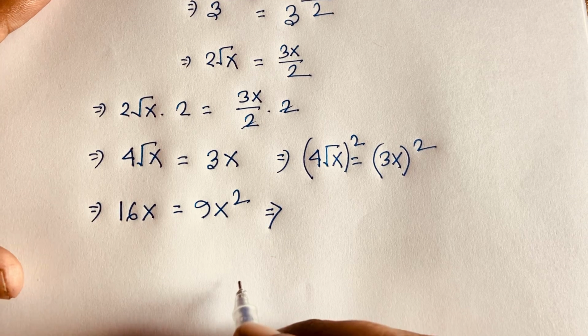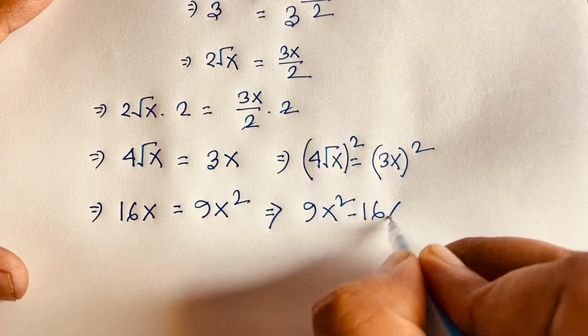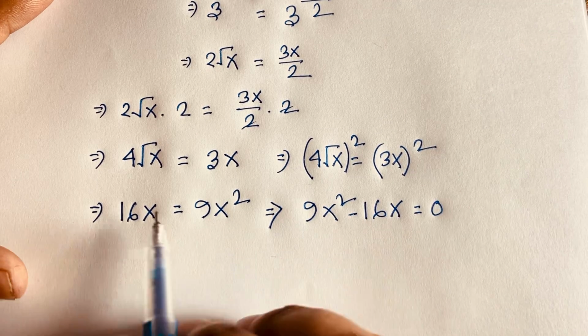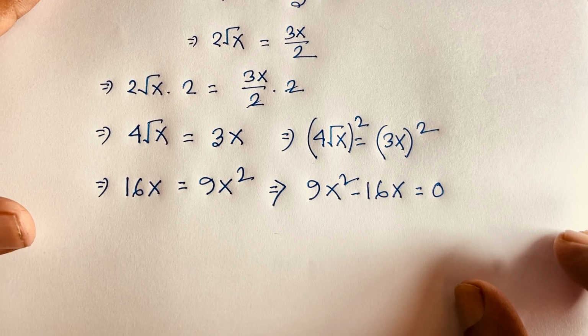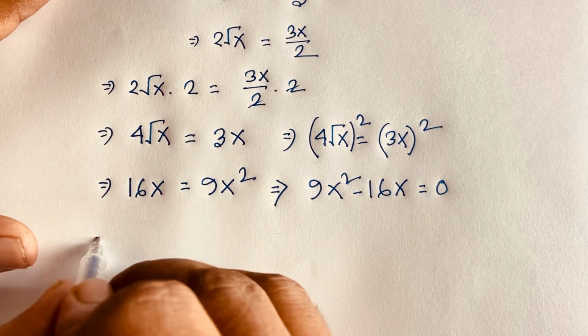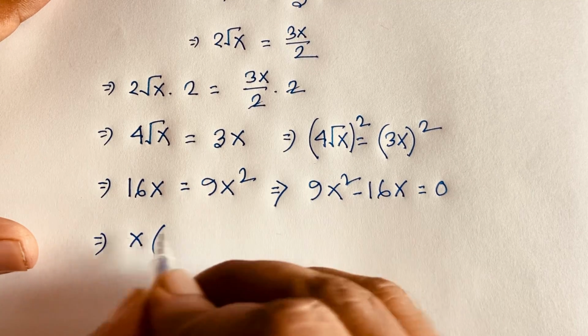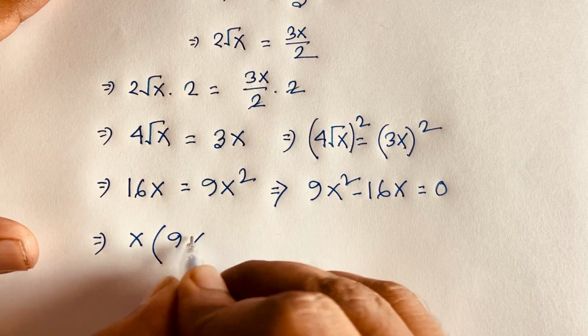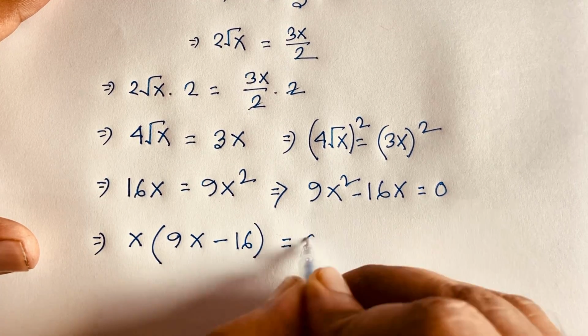Then I can say this equation is 9x squared minus 16x is equal to 0. Let's move it to this side, it will be negative. Then x is common, so 9x squared divided by x is 9x, minus 16x divided by x is 16, is equal to 0.